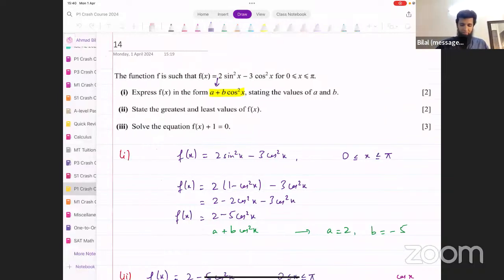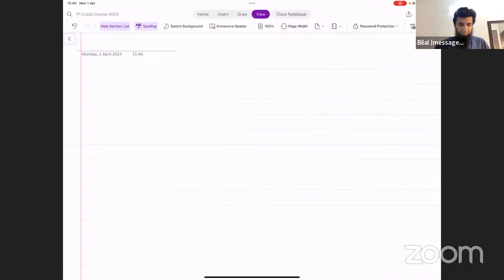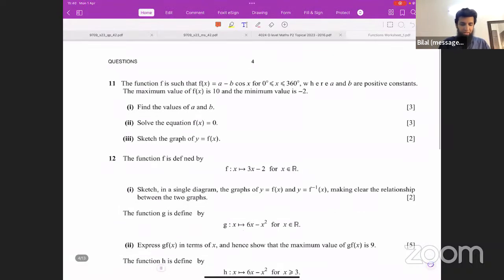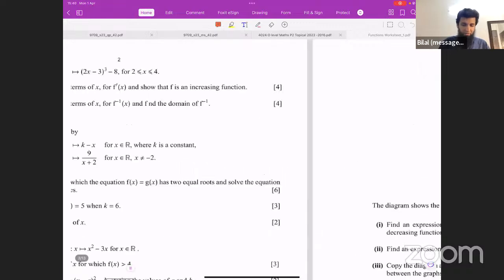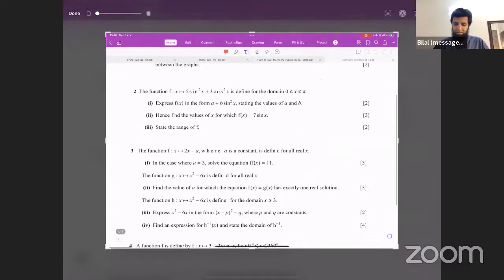I'll do this very quickly, just to give you an idea. So there's another in the worksheet like this. This is question number 2 from the worksheet. It also has squares like that.